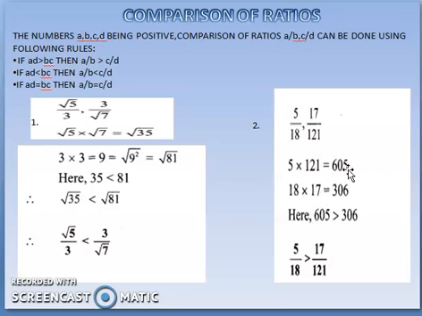Here, 605 is greater than 306. Obviously, it is greater. That means 5 upon 18 is greater than 17 upon 121. So it is clear from these examples how to compare ratios.